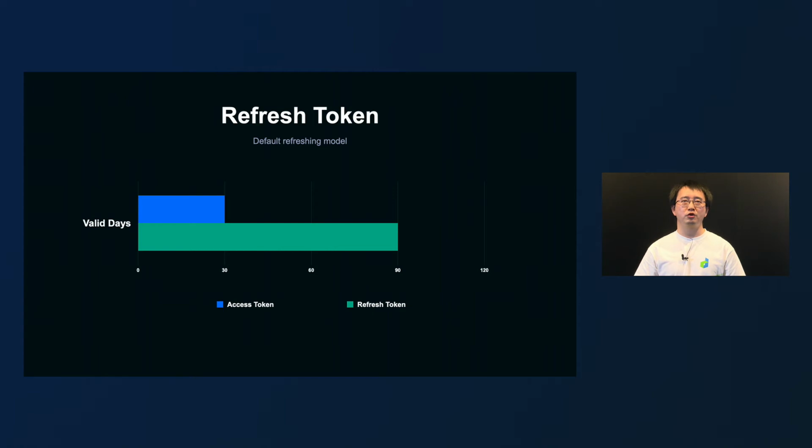In the current refresh token model, we have different expiration lengths for these tokens. The access token lasts for 30 days, and the refresh token is longer, 90 days. When the user refreshes the token, another 30-day access token will be issued, and the original access token will be extended by that.